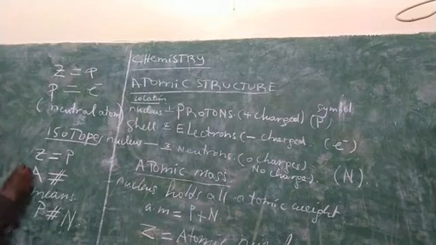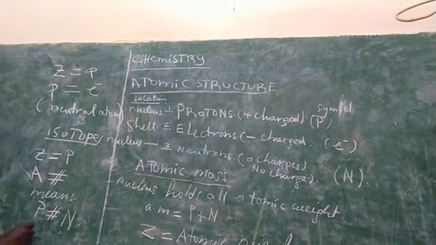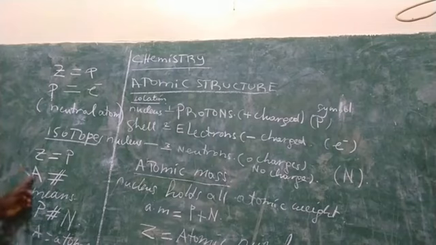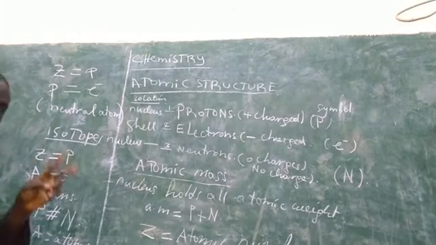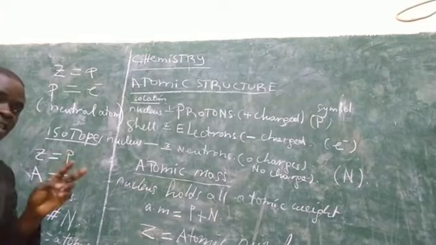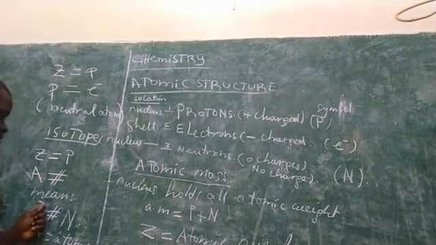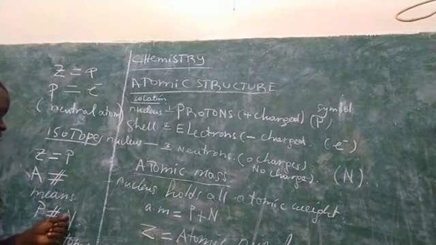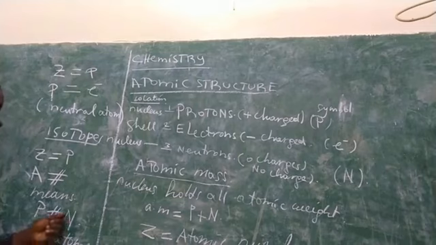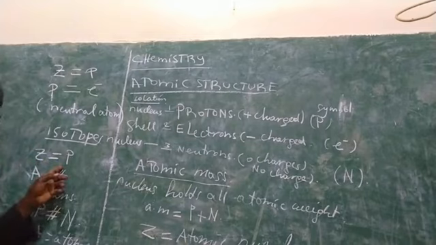This is what you call here the atomic mass. A stands for atomic mass. So if the atomic mass of two atoms of the same type is different, it means that the number of protons is not equal to the number of neutrons, while the proton numbers will be the same.